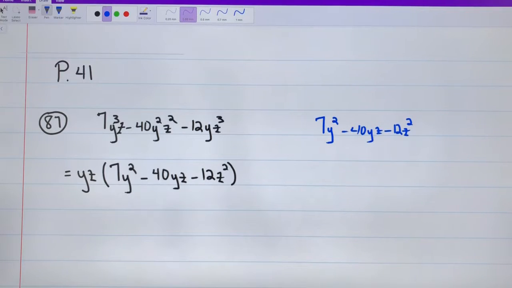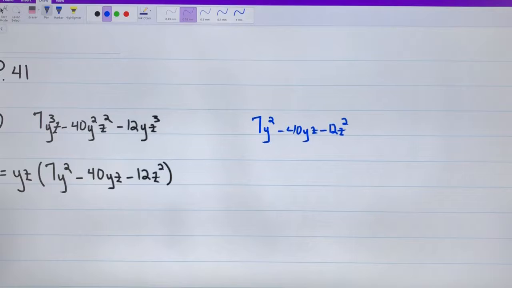As we look into factoring by grouping, we have the leading and the last coefficients, 7 and negative 12, and taking the product, we have negative 84.